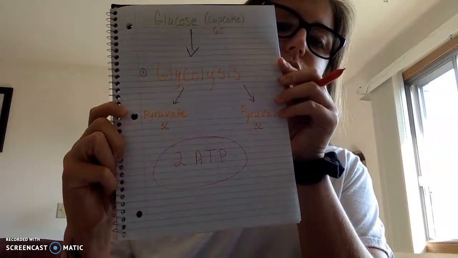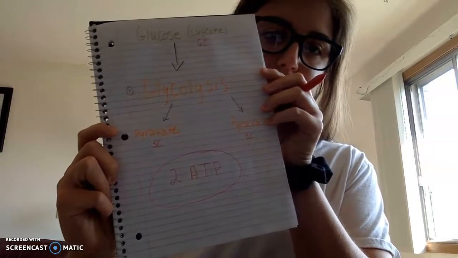And during this process, we generate ATP. So we have 2 ATP from that process, 2 ATP for every 1 glucose, I should note that. And that all happens in the cytoplasm of the cell.